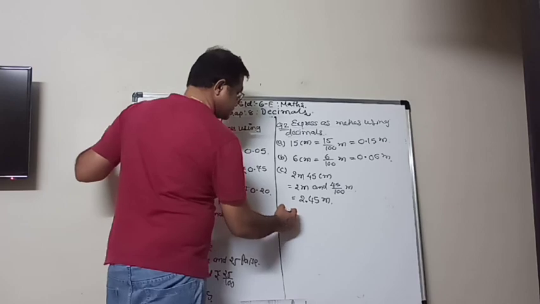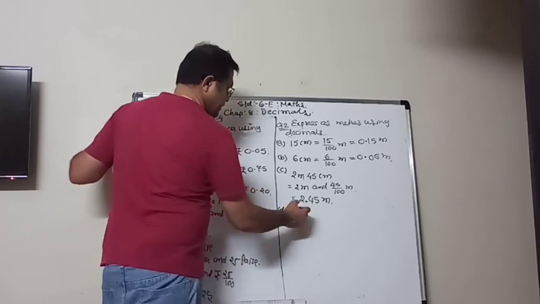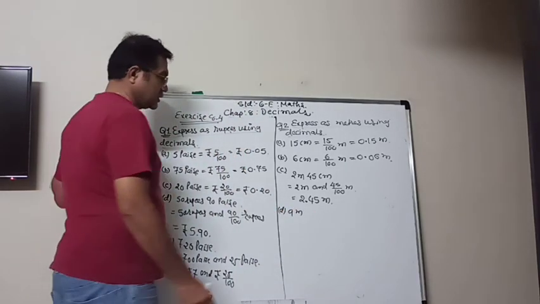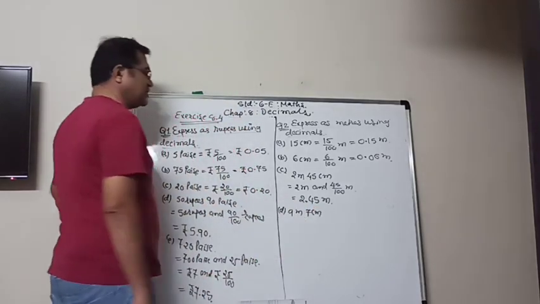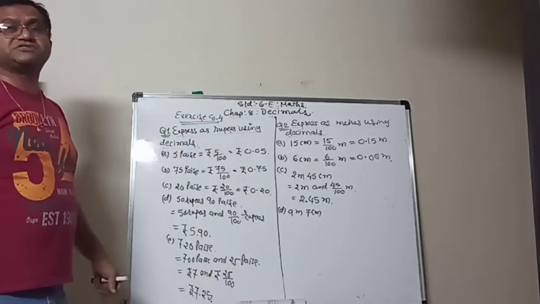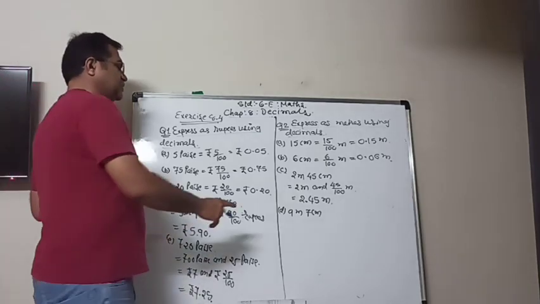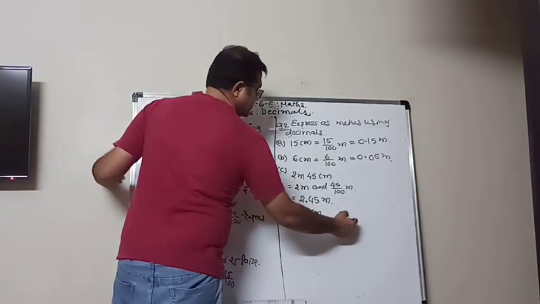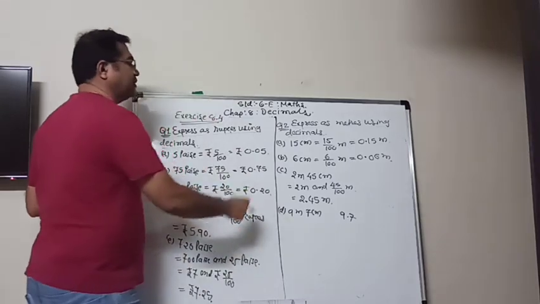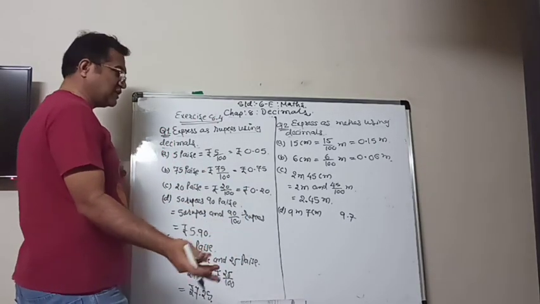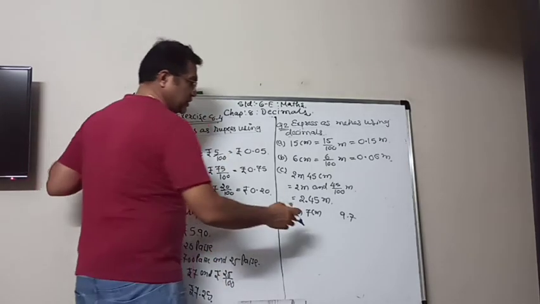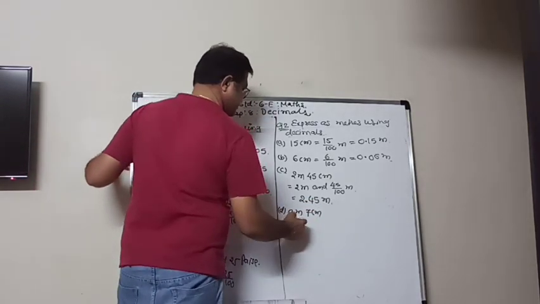D. 9 meter 7 centimeter. Here there is a chance of making a mistake, that generally students will write 9.7 meter, because 9 meter 7 centimeter, so 9.7 meter, but you will see that it is wrong.